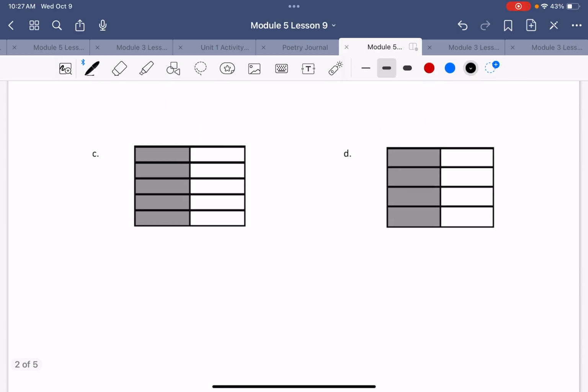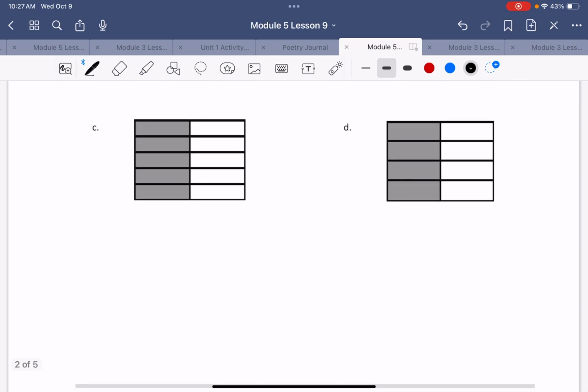All right, let's go to C. C, count how many are shaded out of the total. So we have 5 out of 10 that are shaded, which means that we're going to take 5/10 and we are going to divide it by a number to find an equivalent fraction.